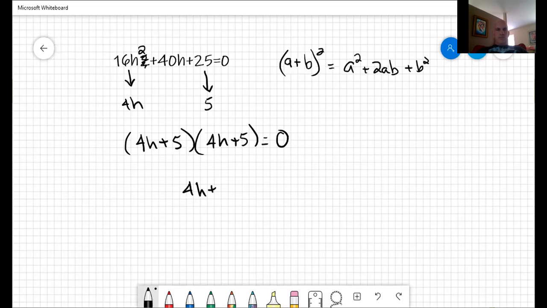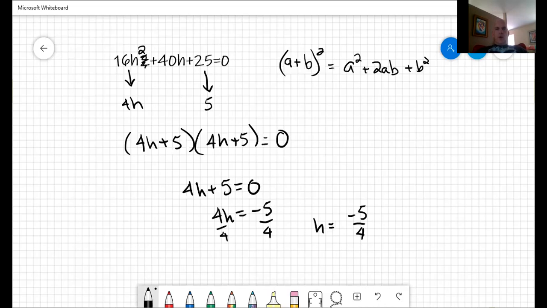So if I say 4h plus 5 equals 0, this is where I said most of these are going to have 2 solutions, but this particular problem where you have 2 of the same binomials getting multiplied together would actually only give you 1 solution. So in this case, I'm going to subtract the 5. I get 4h equals -5, and then I would divide it by 4, leaving that improper fraction as my answer, -5/4.